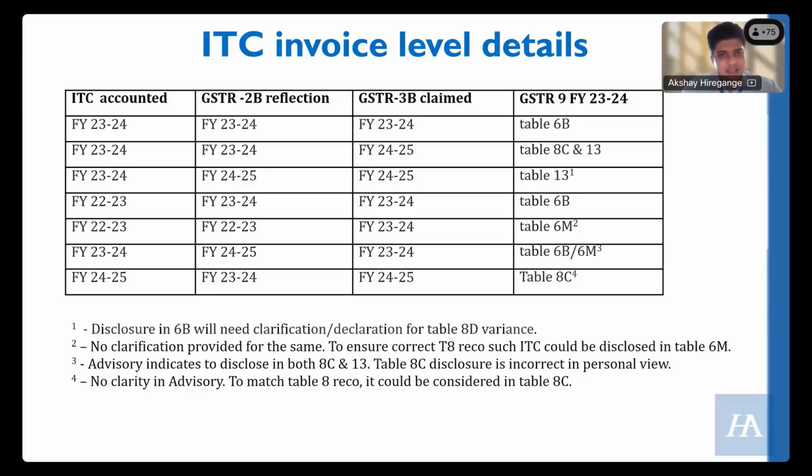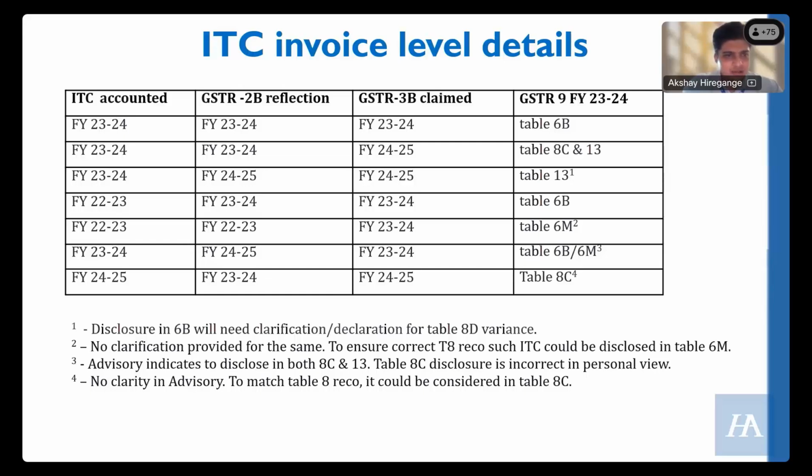But let's take a similar example, but 2B reflection happened also in 24-25, not in 23-24. To this extent, I should not show this in table 8C, but I will show it in table 13 because it is accounted in 23-24.